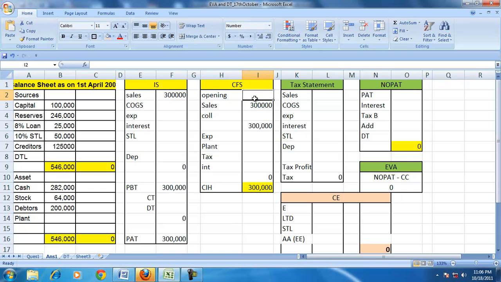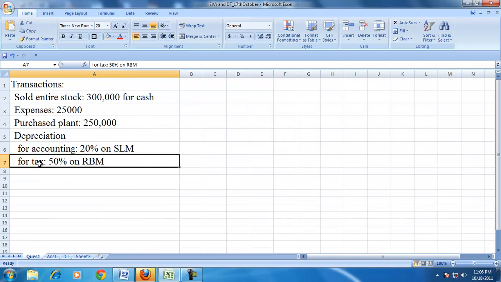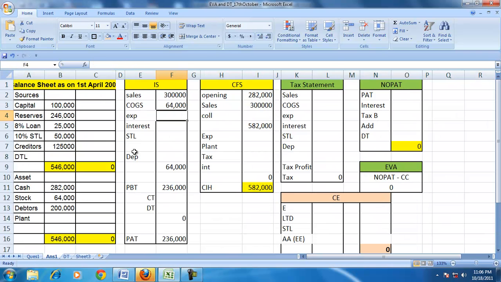The opening cash in hand is 282,000, and since the entire stock is sold, the cost of goods sold is 64,000. The expenses for the period are 25,000, and let us assume that we paid the entire expense, with no outstanding liability.